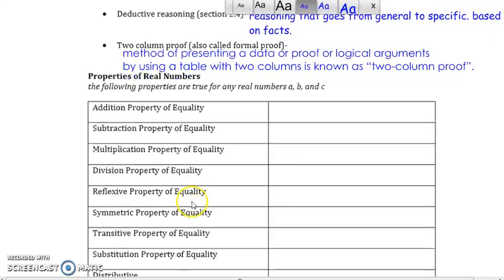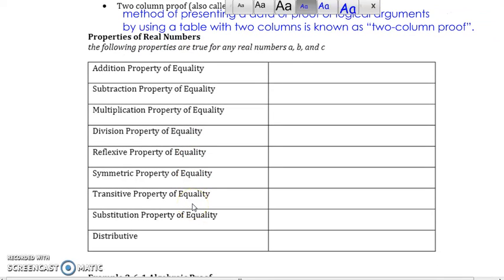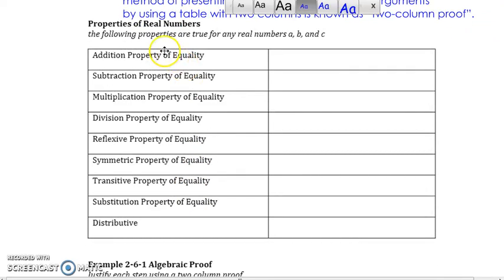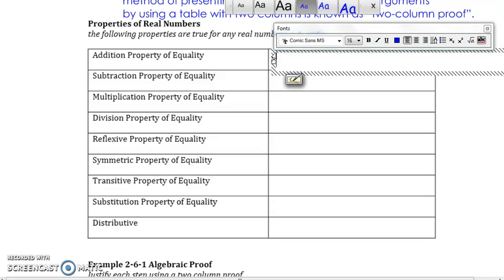We have to use reasons that are properties, postulates, or theorems, things that have already been proven. We can't just make up our own.